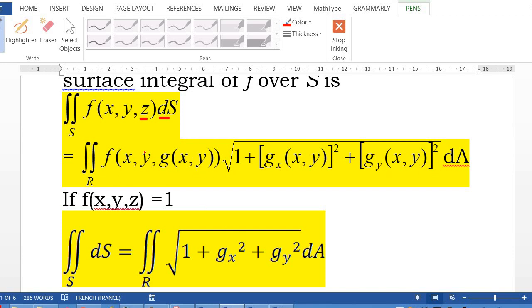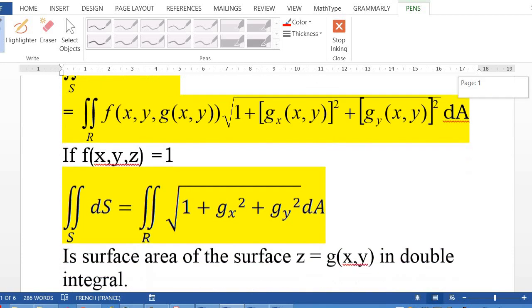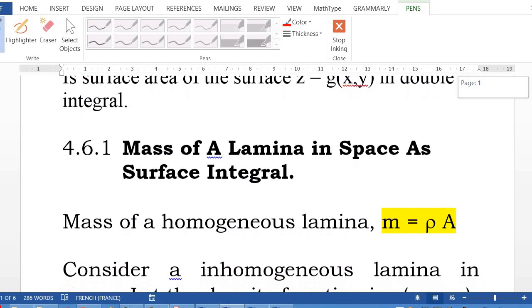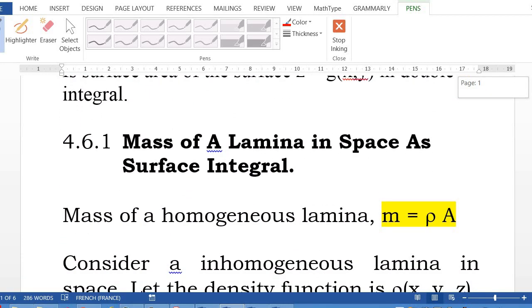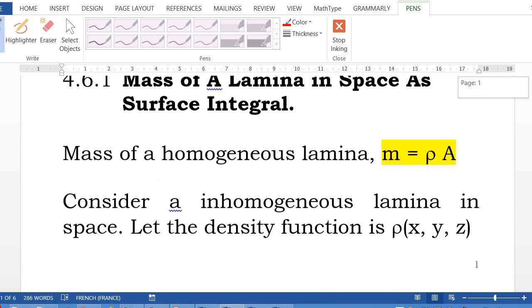What's the meaning of this surface integral? What we call this is a scalar form. You can view the surface integral here as the mass of a lamina in 3D space.